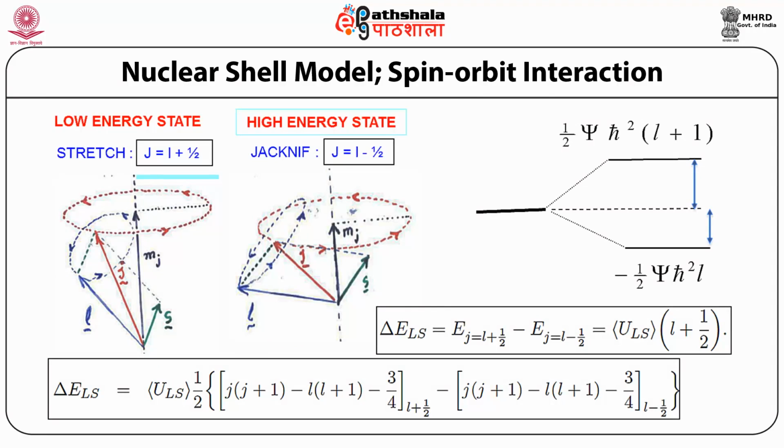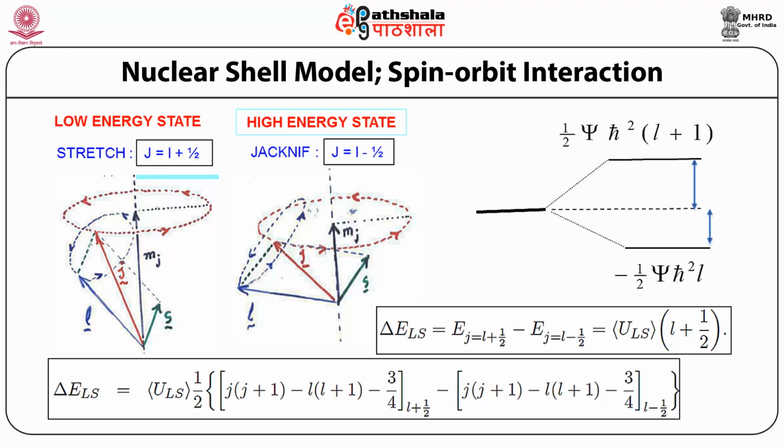Here in this slide the details of spin orbit interactions are being discussed. In the left hand side picture, the orientation of intrinsic spin S and orbital angular momentum L are given, and the direction of the magnetic field is also given. When the spin and orbital angular momentum are both directed upwards, J precesses about the direction of the magnetic field.